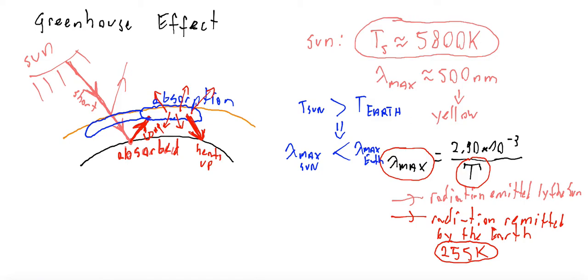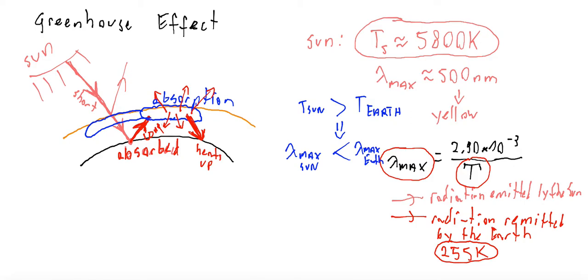So again, the Sun emits radiation which is short. This radiation passes through the greenhouse gases. There is no interaction because it's too short. This radiation heats up the Earth, is absorbed by the Earth. Earth, due to the energy balance, emits radiation, but due to the fact that the temperature of the Earth is less than the temperature of the Sun, this radiation re-emitted by the Earth has longer wavelengths due to Wien's law.